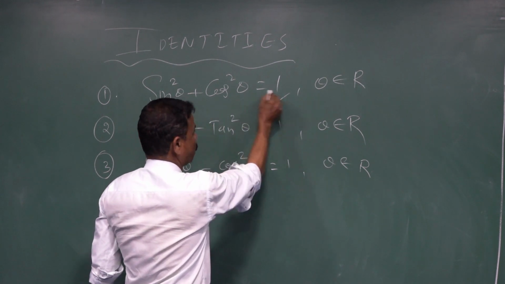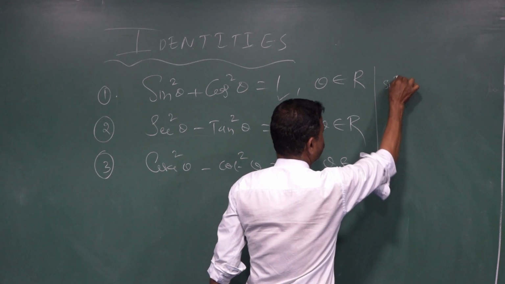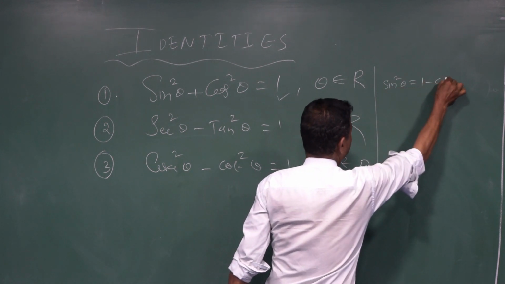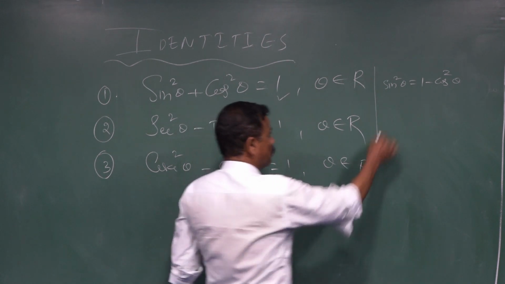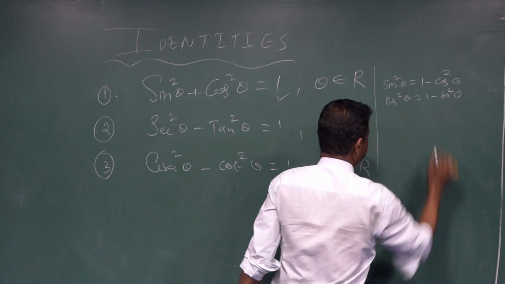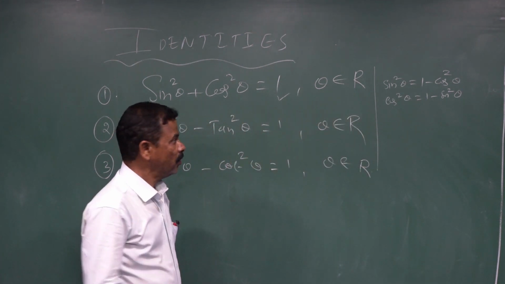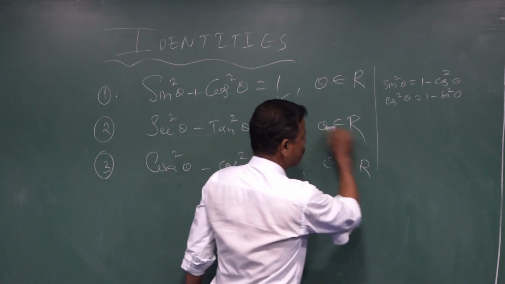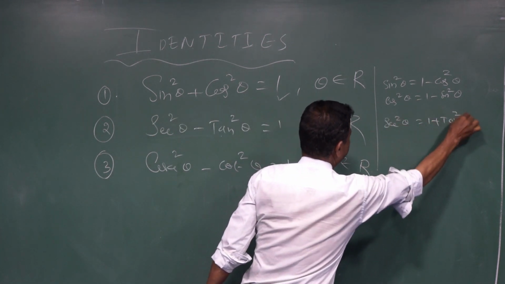Sin square plus cos square is equal to 1. In another way, we change to sin square theta is equal to 1 minus cos square theta, and cos square theta is equal to 1 minus sin square theta. That also identity. Here, for this case, secant square theta is equal to 1 plus tan square theta.